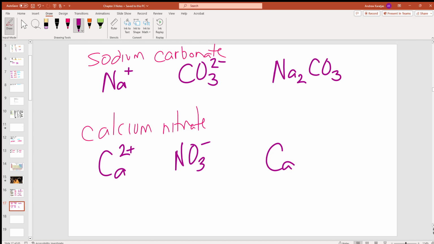Now, if we just wrote it like that, to need 2 nitrates, that wouldn't get our point across very well. That would make it look like we have 32 oxygens. So what we do is we put parentheses around the entire nitrate group, and now we know that that 2 applies to the entire nitrate. So we have 1 calcium and 2 nitrates.